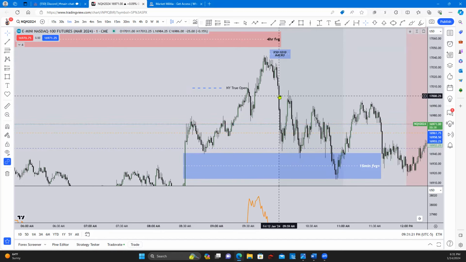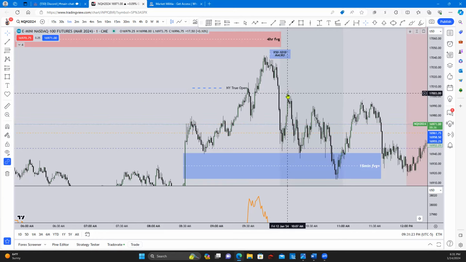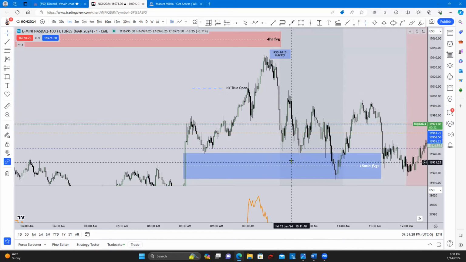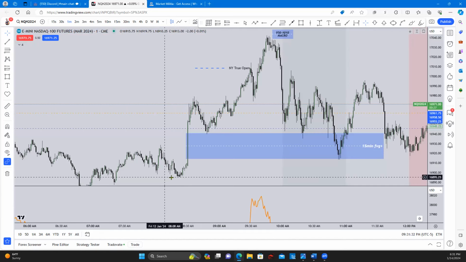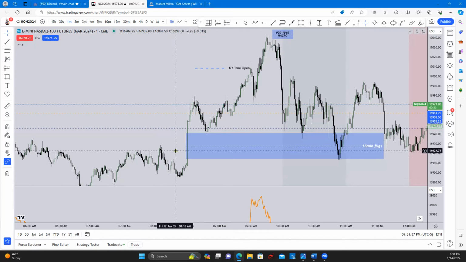So at this time, I'm looking for a retracement in order to get involved for lower prices, in order to possibly take out this low here at 825, 830.